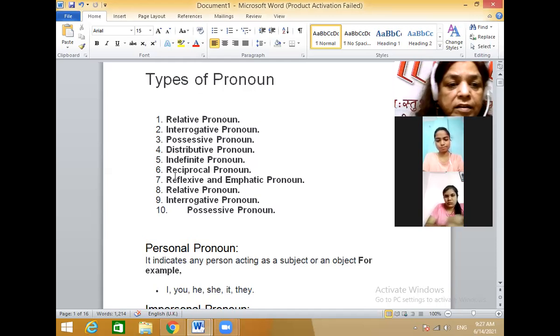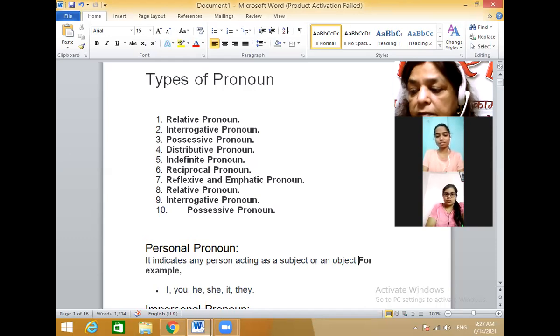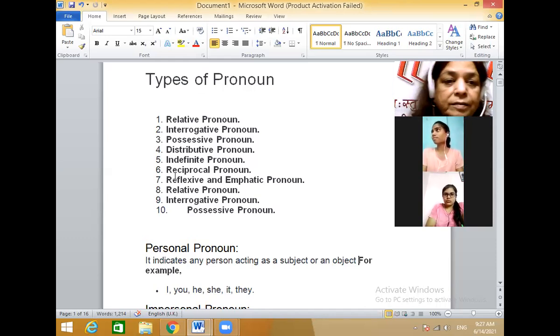The second is interrogative pronoun. Interrogative, when you ask, when you question, when you interrogate.